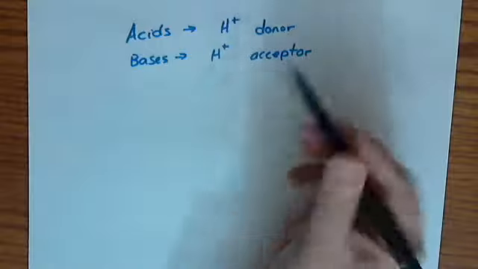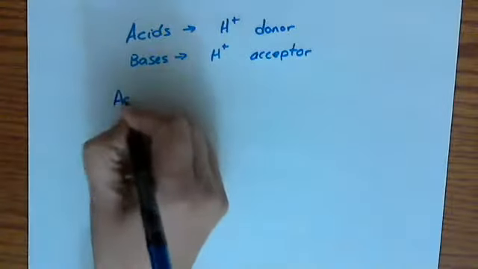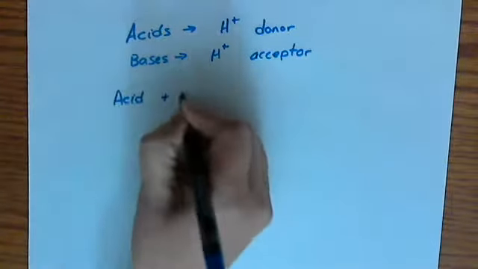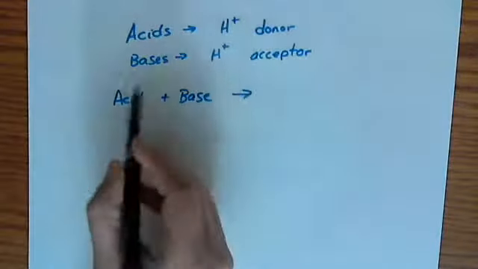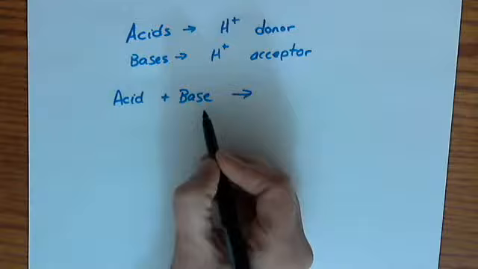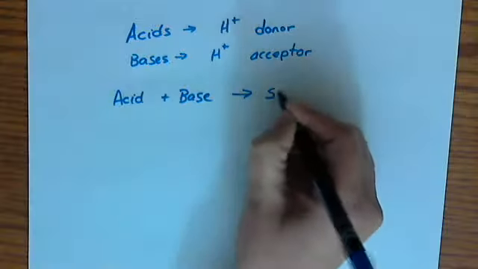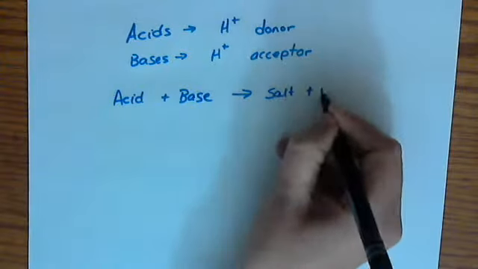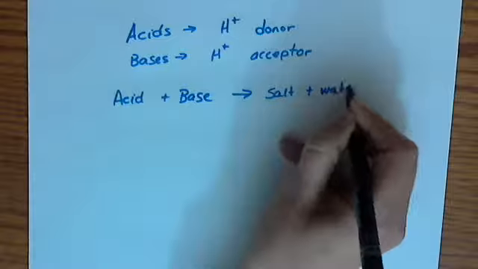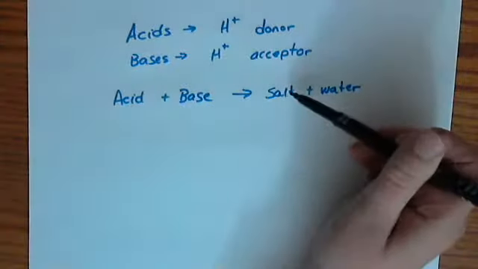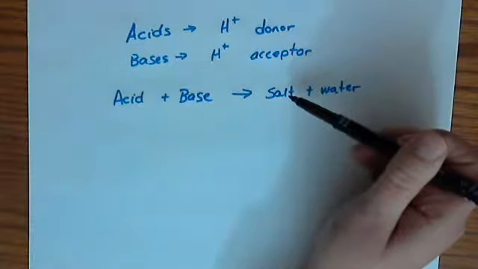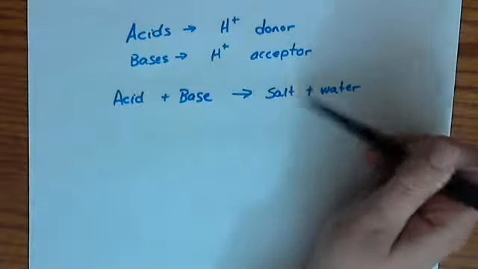We've also talked a little bit about what happens when we add an acid plus a base. And you'll remember from class that anytime we add an acid and a base in a solution together, we are always going to get a salt and water. This is also known as a neutralization reaction because the salt is not going to make any kind of pH change in the solution.